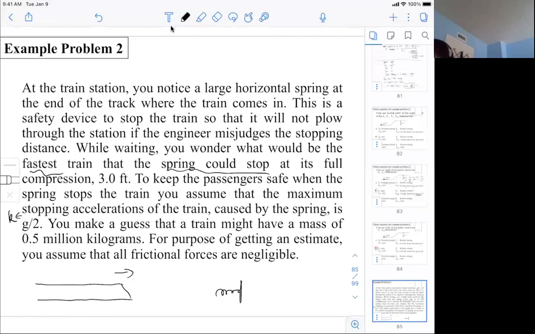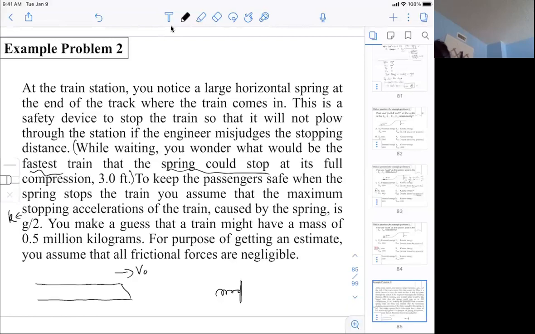This question is what we call a real world problem, worded like a real world situation. It doesn't necessarily tell you what quantity to solve for. You have to decide what quantity you have to solve for. By reading this statement, we try to figure out the question we're trying to solve for. You wonder what would be the fastest train that the spring could stop. So you're looking for its speed.